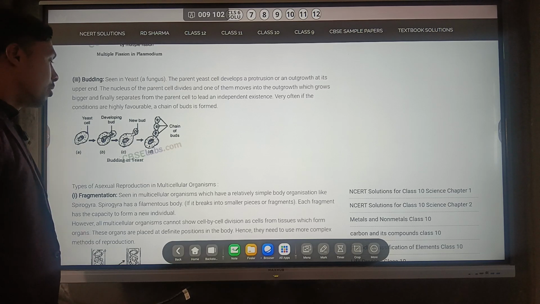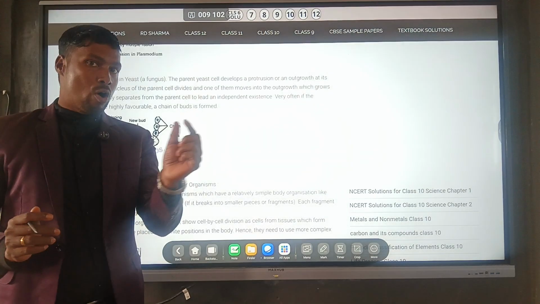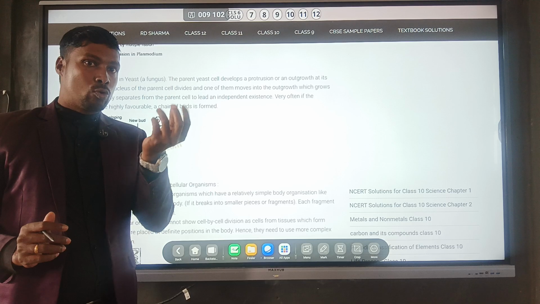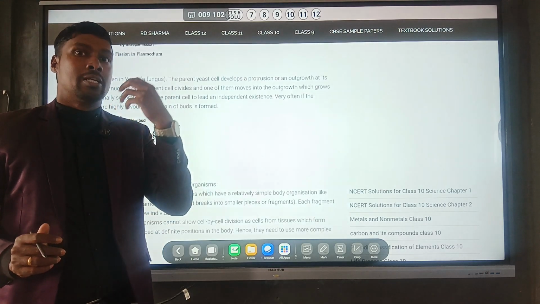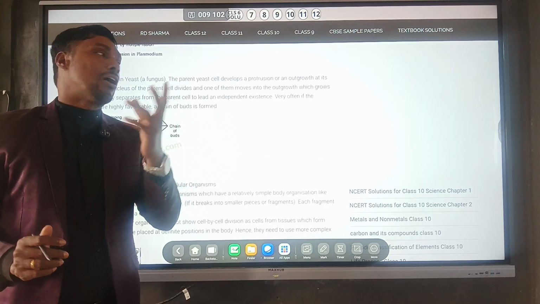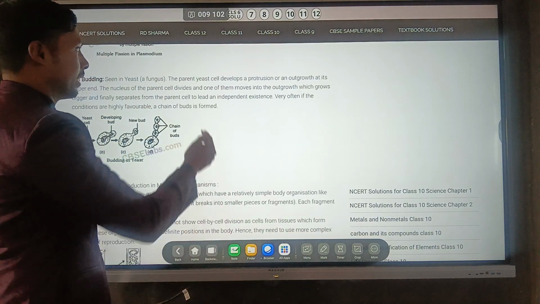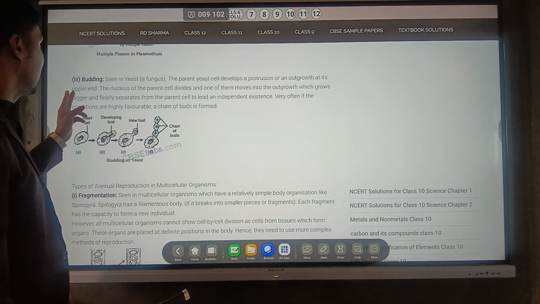What is meant by a bud? A small structure on the full organism itself is called a bud. That bud first starts to grow, and develops into a new individual organism. This is called budding. Yeast is also the best example of budding. The yeast cell develops a projection or outgrowth at its upper end.